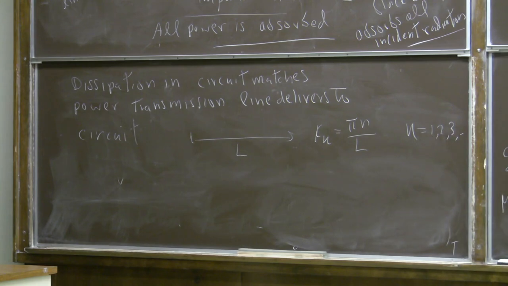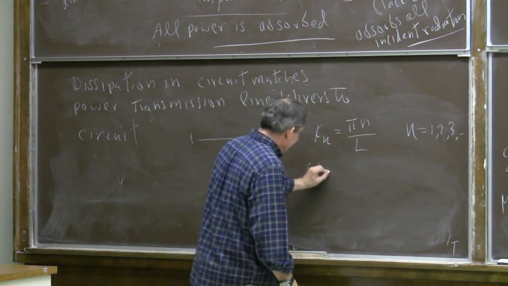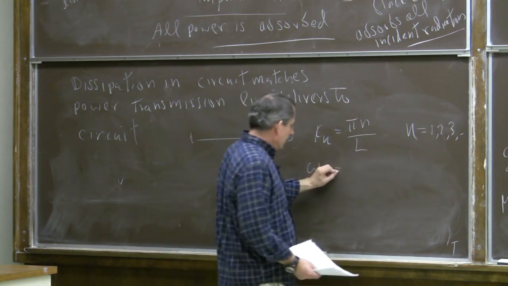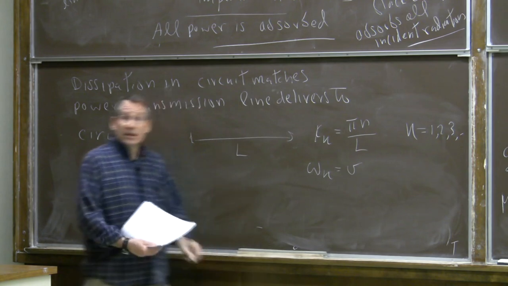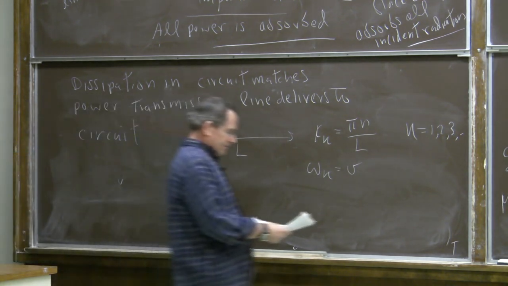Okay. Correspondingly, the circular frequencies of those modes can be written as the speed of transmission in the transmission line, let's call that v, times the wave number.